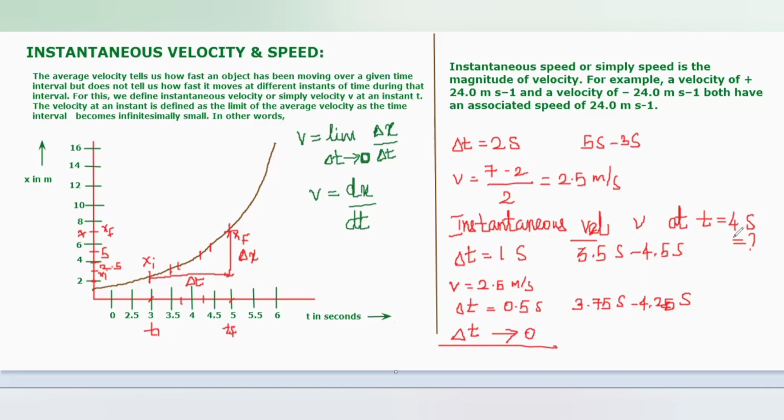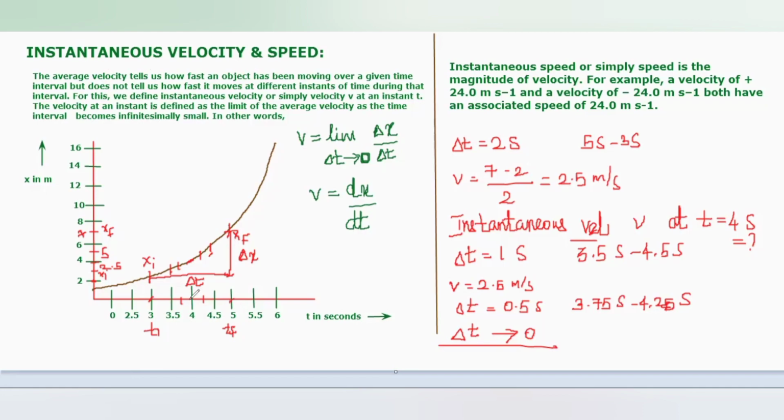When the del t tends to 0, here we won't get the slope, that means we will get only the tangent. The slope will be the tangent to the curve in the x-t graph. So the average velocity means in this period of time, at an average value how fast it is moving.